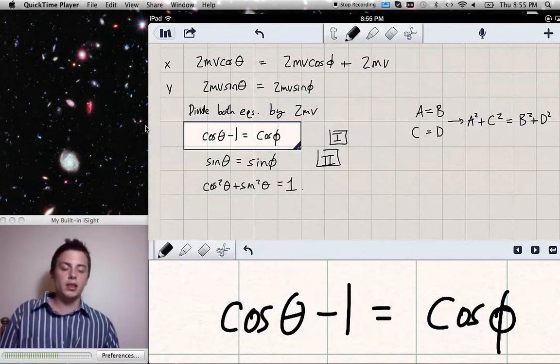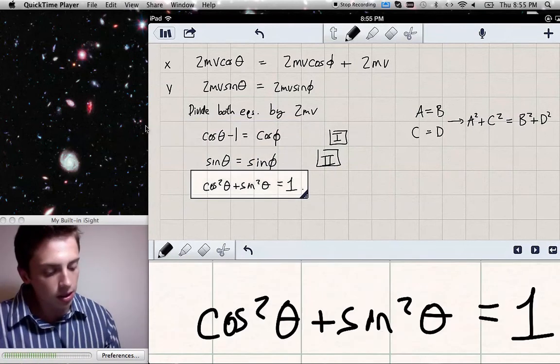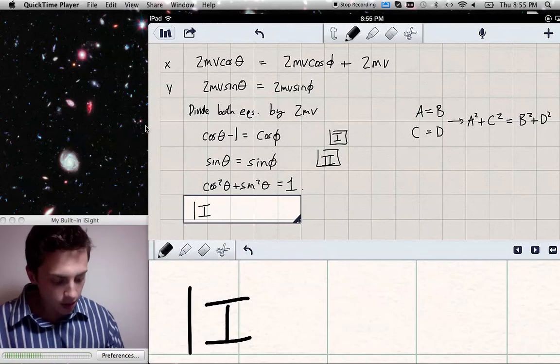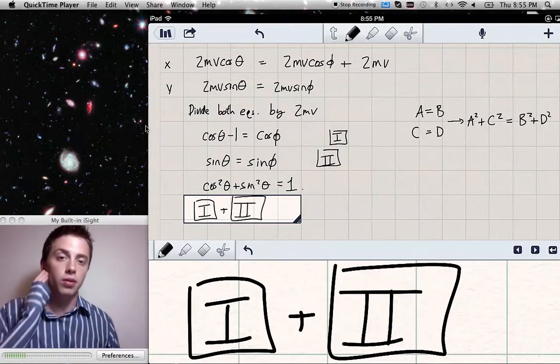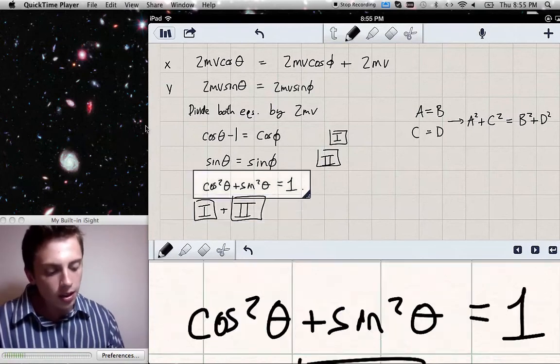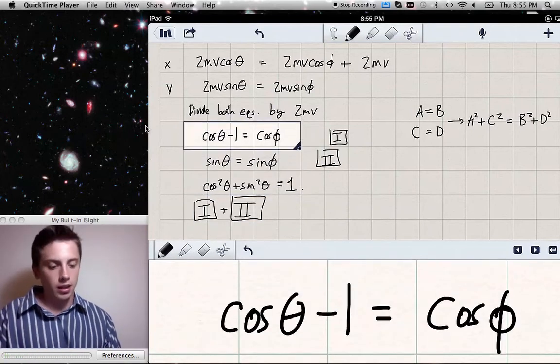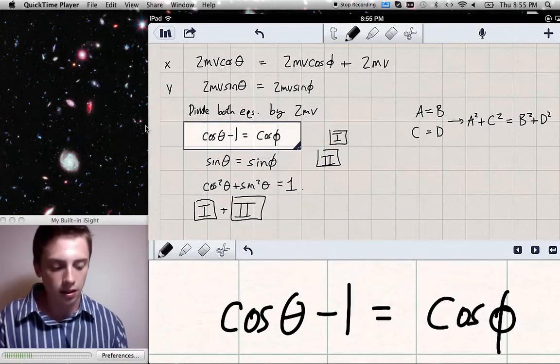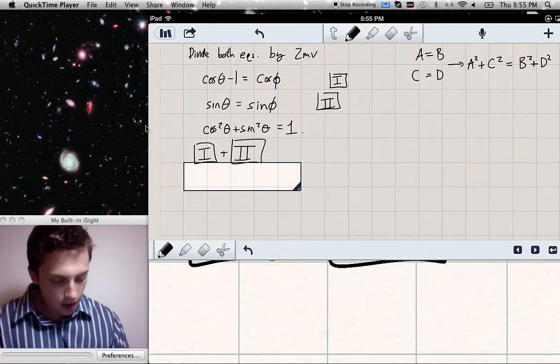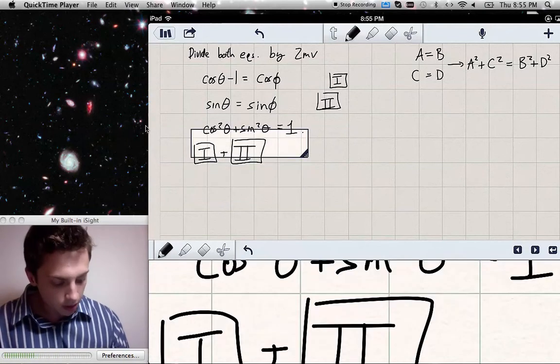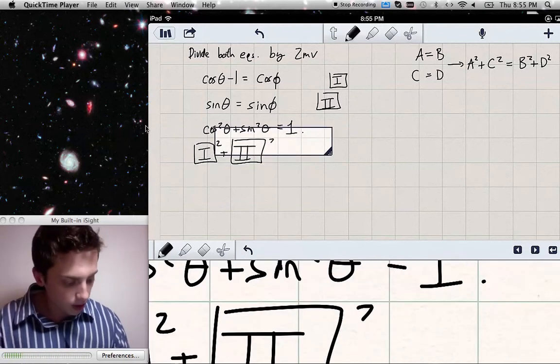If I had left that as just cosine theta, when I went to add the first equation to the second equation, it would have totally eliminated theta from the problem. You can go ahead and verify that subtracting 1 here is the right thing to do after seeing this next step.